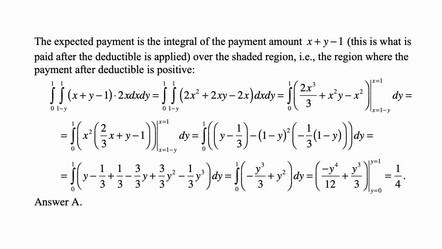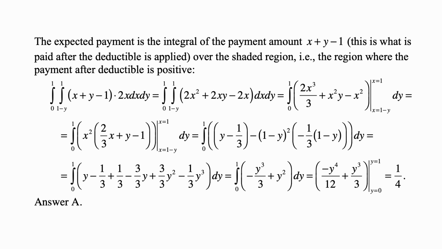And the expected payment is the integral of the payment amount of x plus y minus 1, because of the deductible of 1, that's what is paid after the deductible is applied, over that shaded region where the payment after deductible is positive and the density is positive. And that is equal to the integral from 0 to 1.